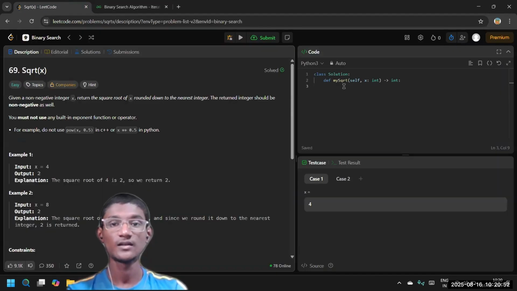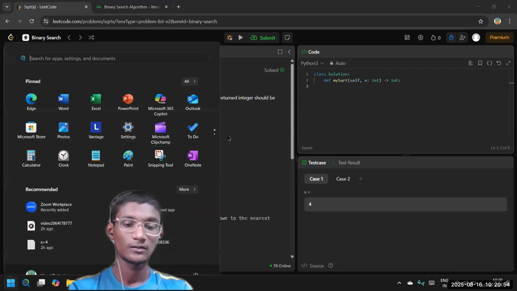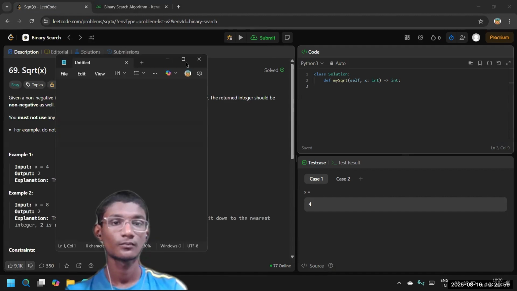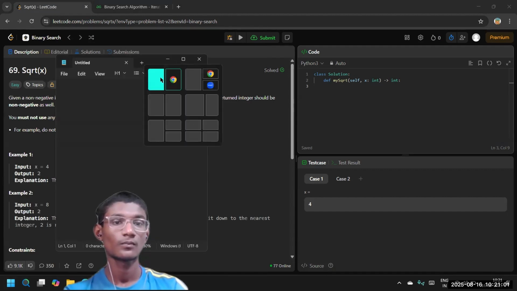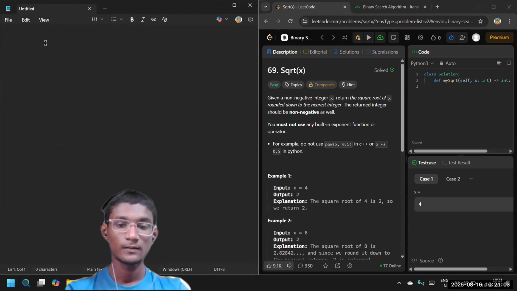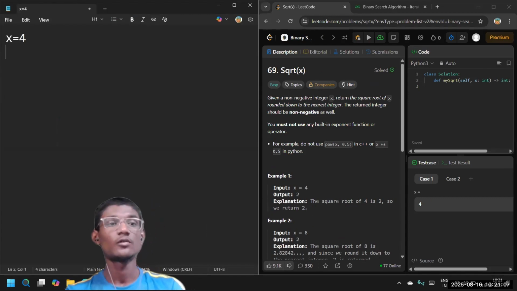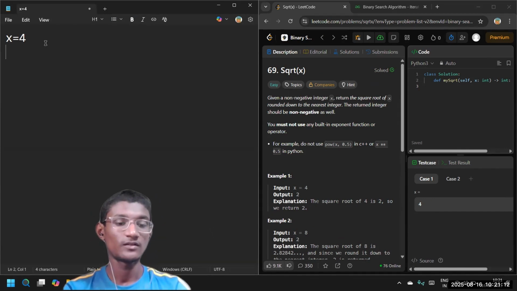Let's implement this here, guys. Before that, let's take an example: x equal to 4. The lower boundary may be 1. Why? Because the square root of x lies between 1 and that number, right?